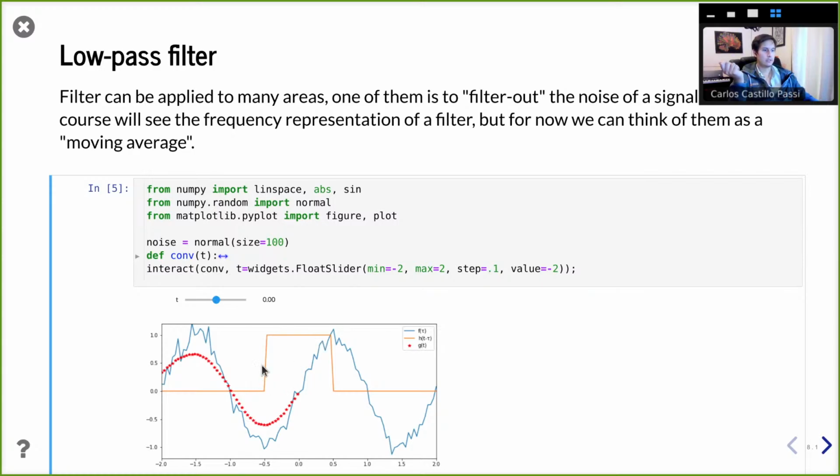And when we have this type of convolution kernels, we have what is called a low pass filter, that in this case is a moving average. So if we start from the beginning, we have a signal and we start averaging the values, and you can see that if we get all the values of the convolution, we have a smoother representation of the signal.